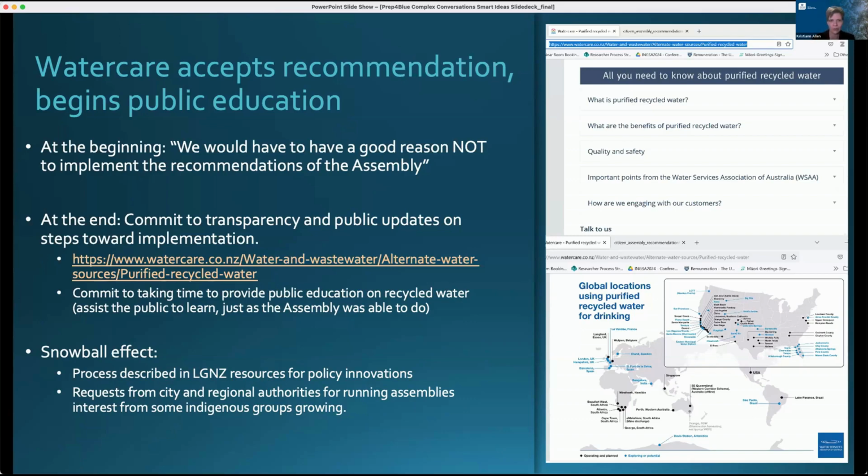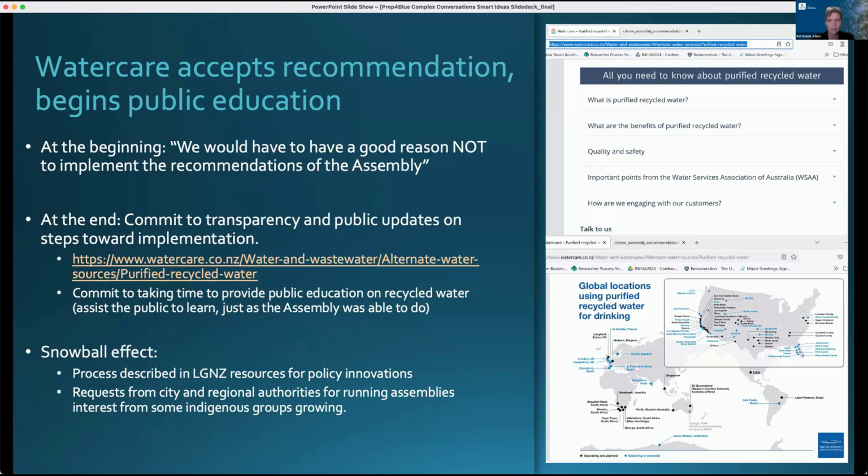So there was some real trust there that was shown on both sides. And then the commitment from the water utility was really about keeping the assembly members, but also obviously the public, really apprised of what their next steps would be in terms of implementation of these recommendations.